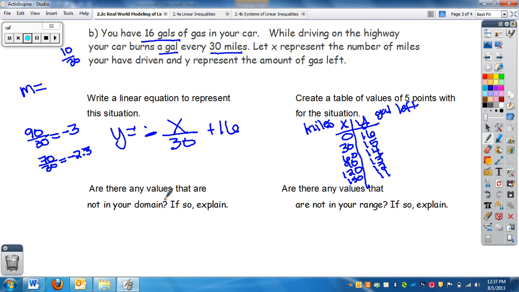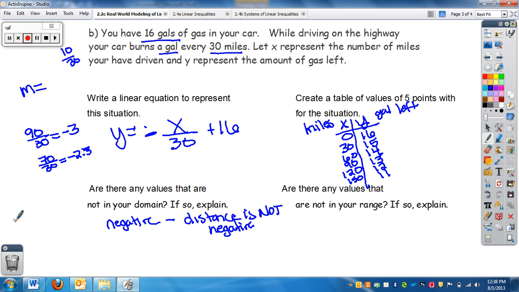Is there any values that are not in your domain? Well, you can't have negative numbers, for one, because distance can't be negative. Also, you only have 16 gallons. There's some point you're going to run out of fuel. So you have to figure out how many miles you actually can drive on 16 gallons.